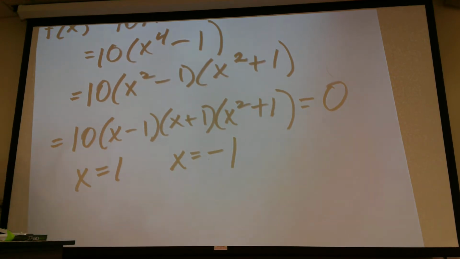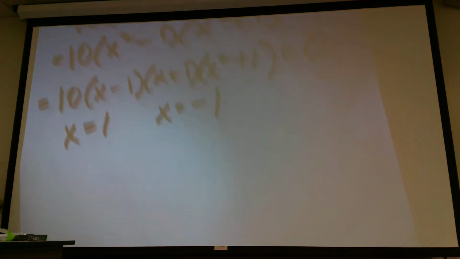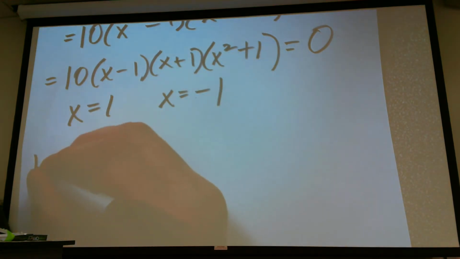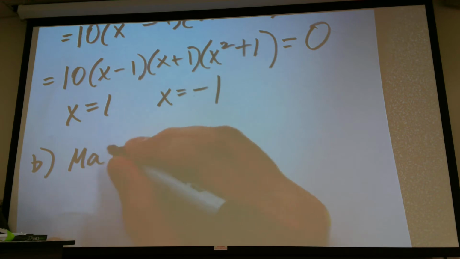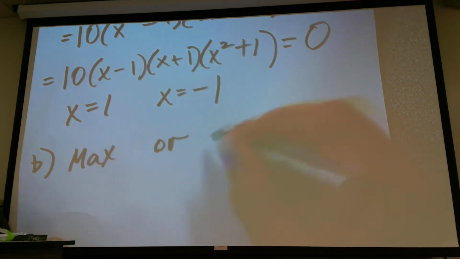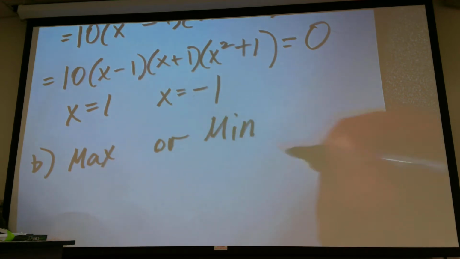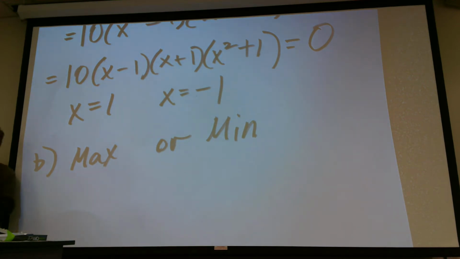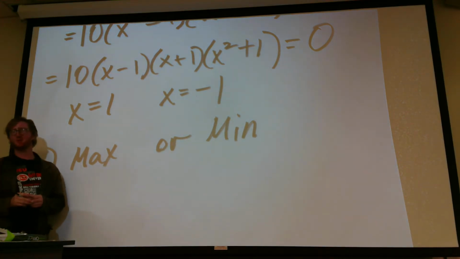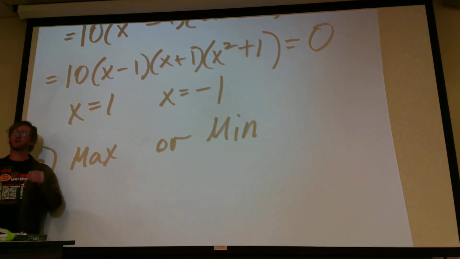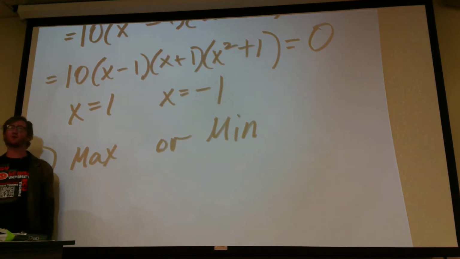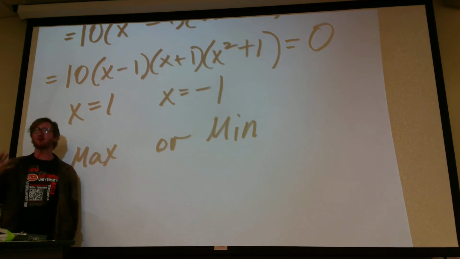All right, so the second part of the problem asks, are these critical points maximums or minimums? To determine if a critical point is a maximum or a minimum, we're going to do the second derivative test. The second derivative test is the easiest one to do.